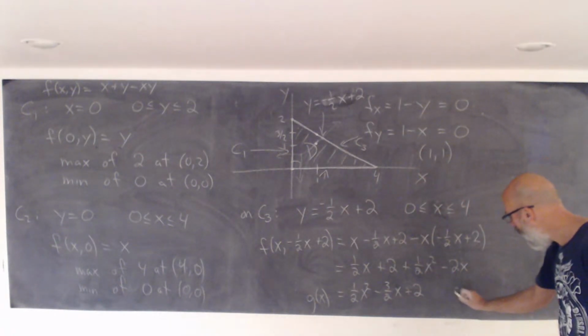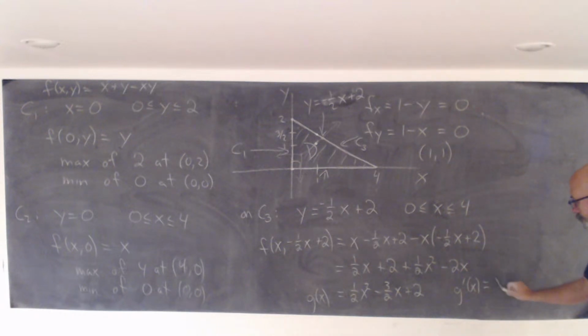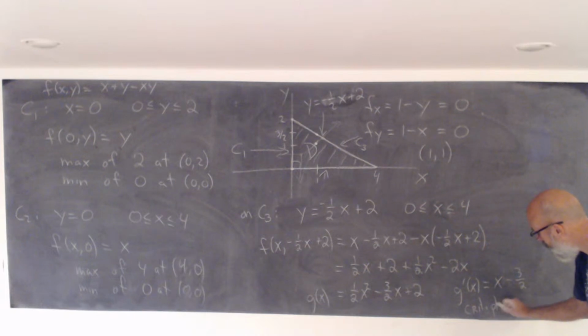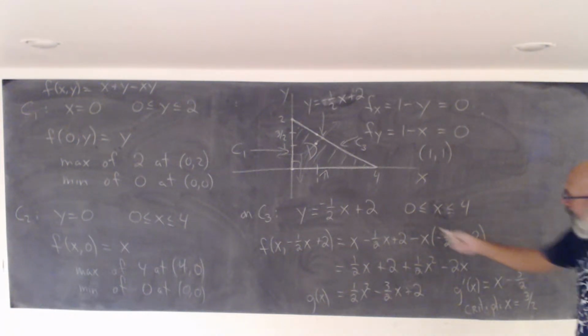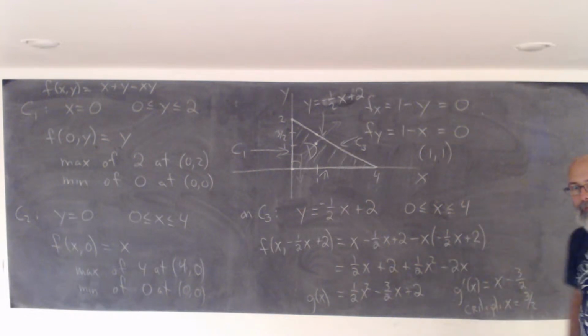Take the derivative, which is x minus 3/2. Critical points: x is 3/2. And the function has a maximum and a minimum either at critical points or at the endpoints.